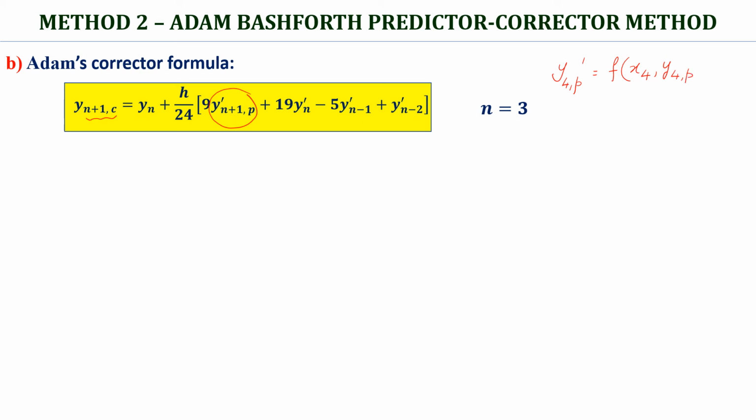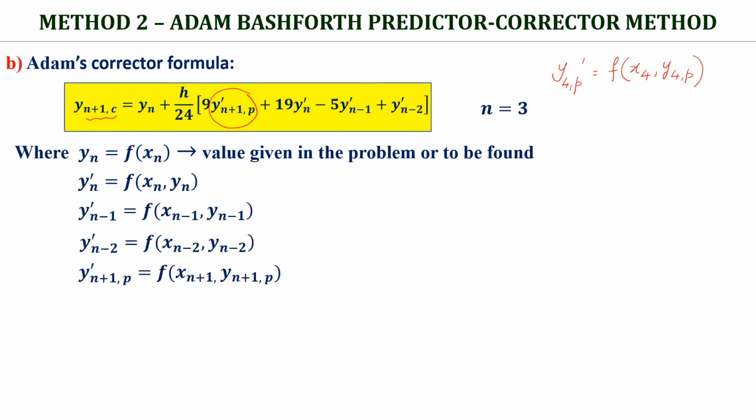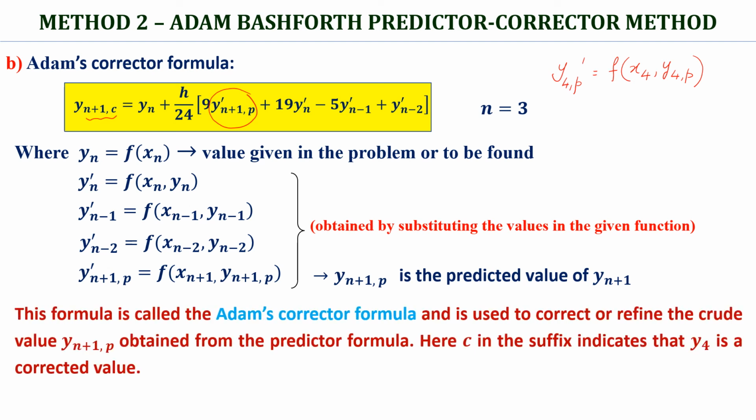That's all. So that alone is a change. The remaining values we know, as it is already dealt with. So this is the predicted value. All the other values are known, and it is called the corrector formula, and it is used to correct or refine the predicted value. So we shall see its application in the problems.